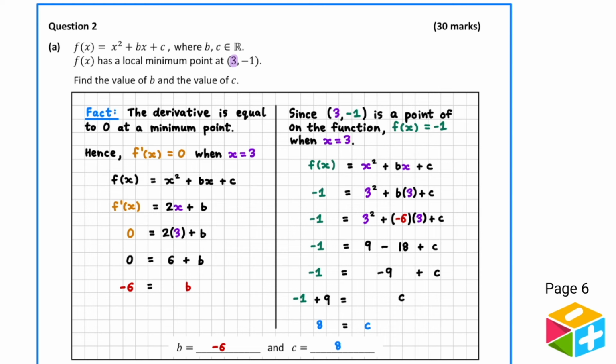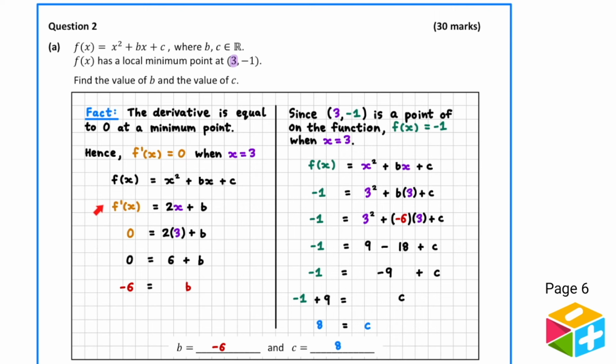Well, this isn't much good to us unless we know what the derivative is, so we should start by differentiating. x squared differentiates to 2x, bx differentiates to b, and the constant c differentiates to 0. So we end up with f dashed of x is equal to 2x plus b.